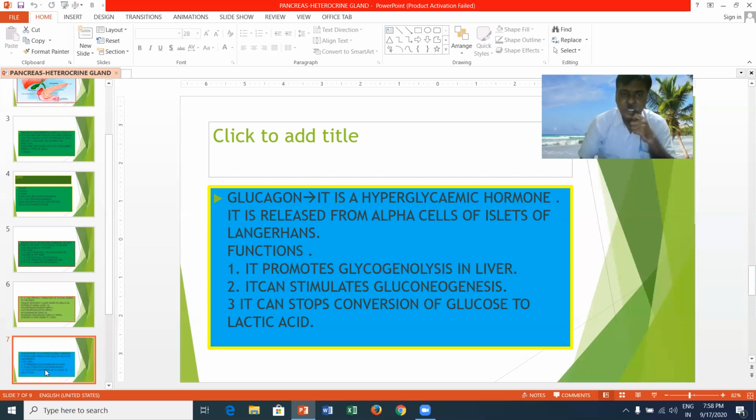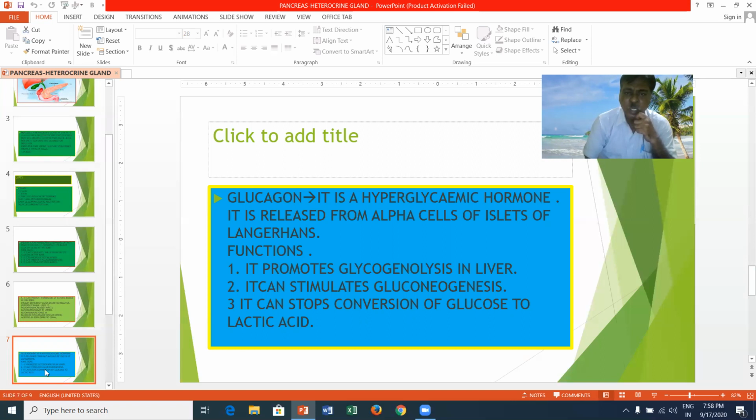One decreases the glucose level, another one increases the glucose level, thereby an equilibrium of sugar level will be maintained in the body. That's why glucagon has an antagonistic effect to insulin. It increases the blood glucose level, whereas the insulin decreases the blood glucose level.